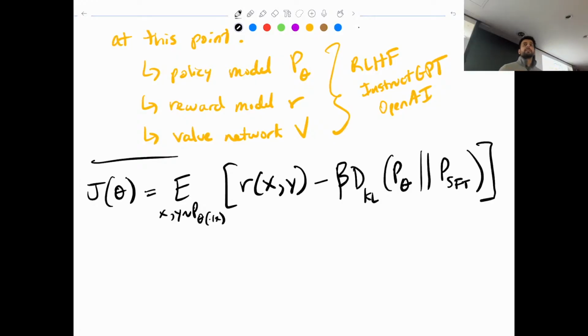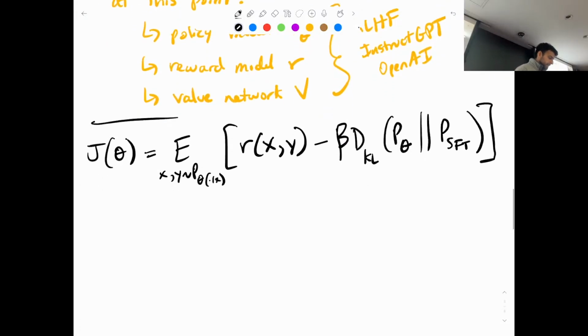And again, we motivated this by countering reward hacking and countering losing a lot of the desirable properties and factual memorization and task capabilities that are already present in our SFT model.